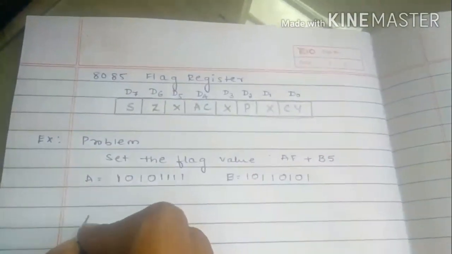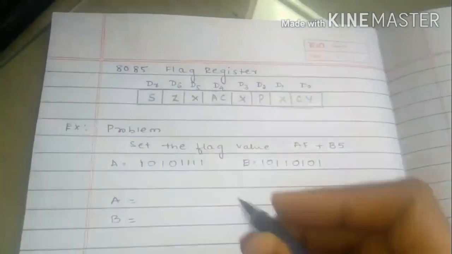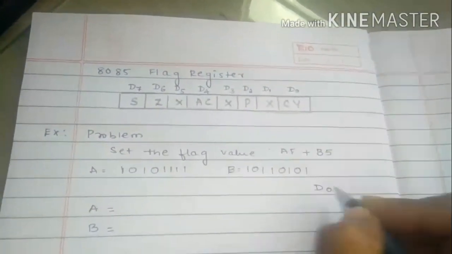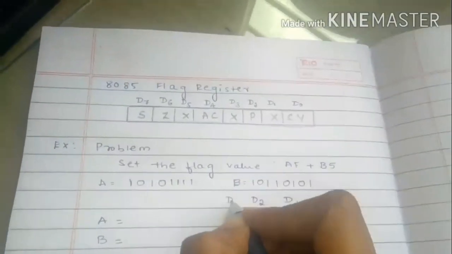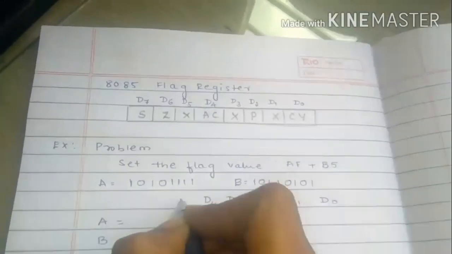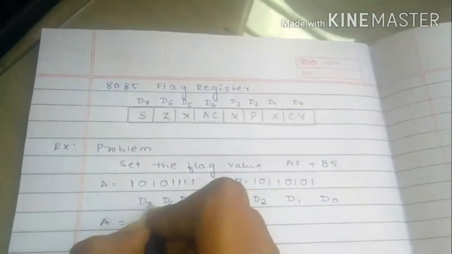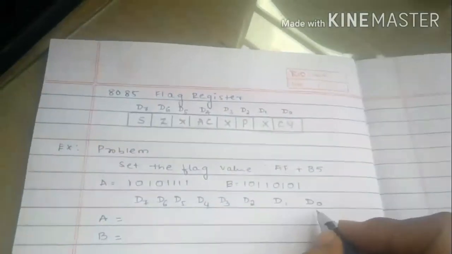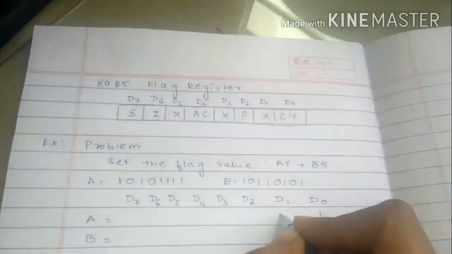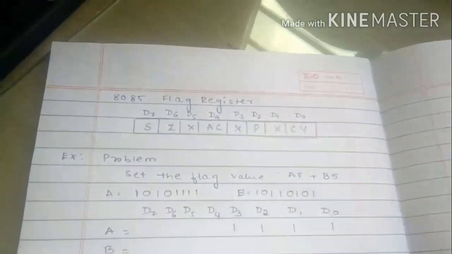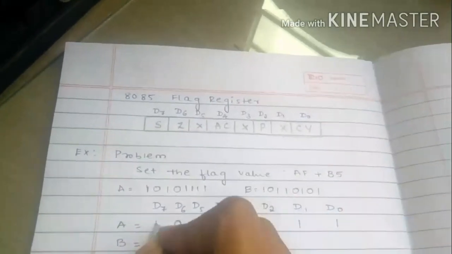So here A and B, we have D0, D1, D2, D3, D4, D5, D6, and D7. The A value we have to write from right to left: 1, 1, 1, 1, then 0, 1, 0, 1.